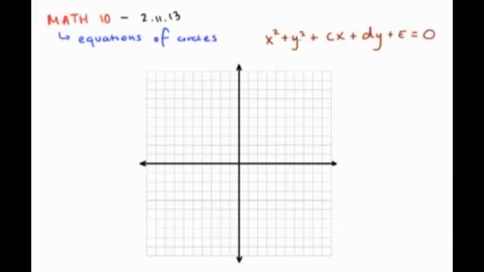And this is kind of what you're going to get when you expand the x plus a squared plus y plus b squared equals r squared. That's kind of what you're going to get. Actually, this should be r squared.